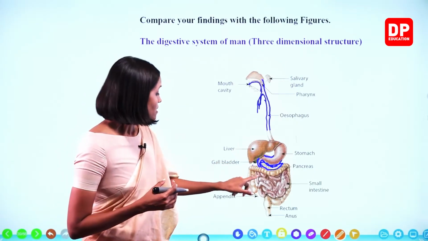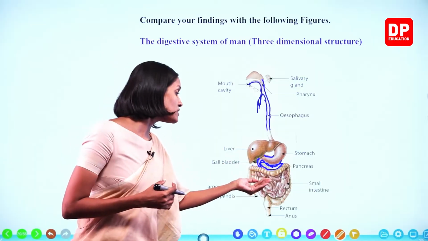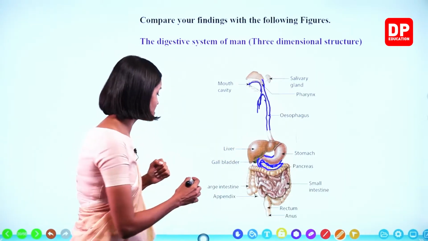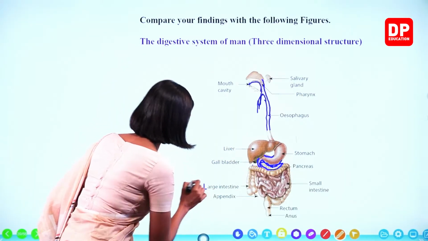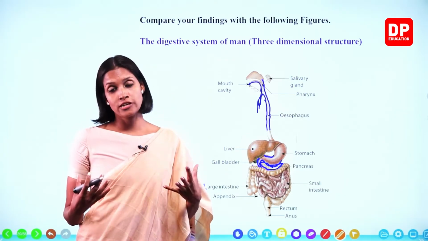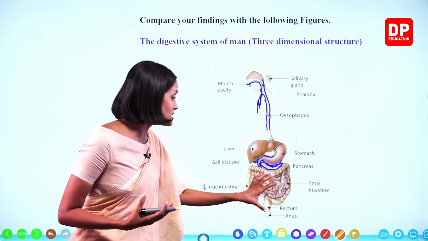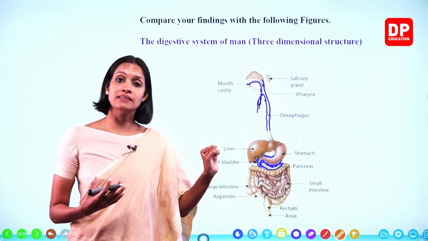Now, when it comes to the large intestine, what happens? What type of food enters the large intestine, children? It should be large, right? Large intestine, children. The undigested food, right? The residue or the undigested food enters the large intestine.